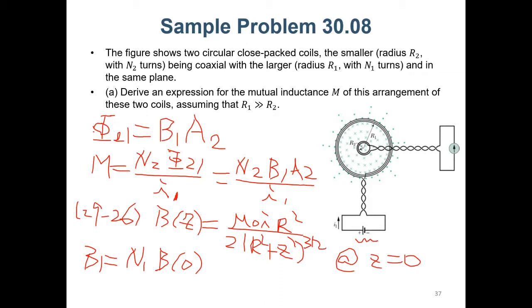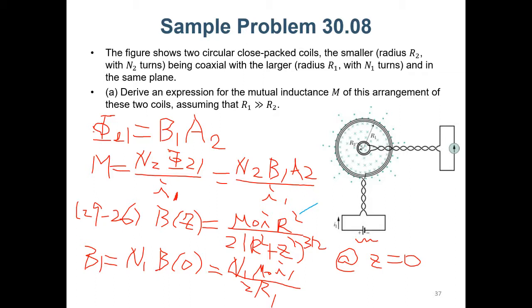So I can write it here, N1 times mu 0 I1 over 2R1. Okay, so this R will become R1.